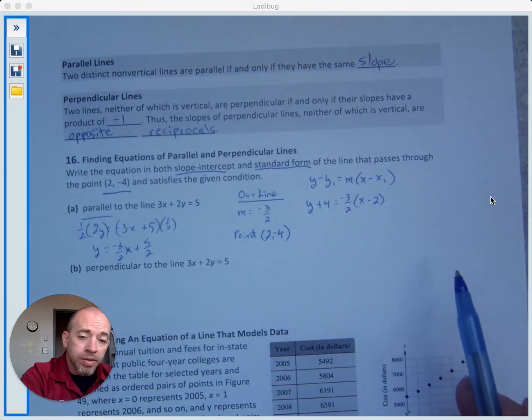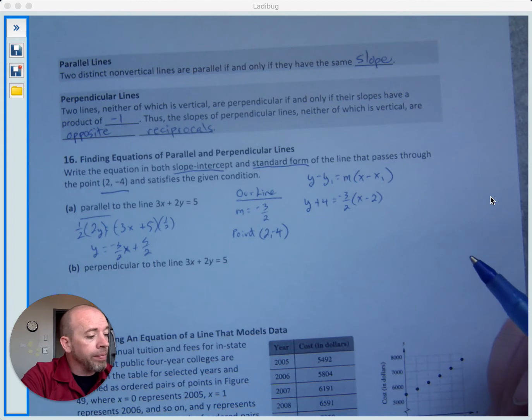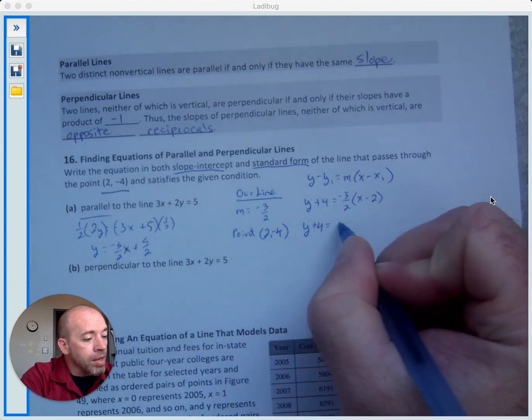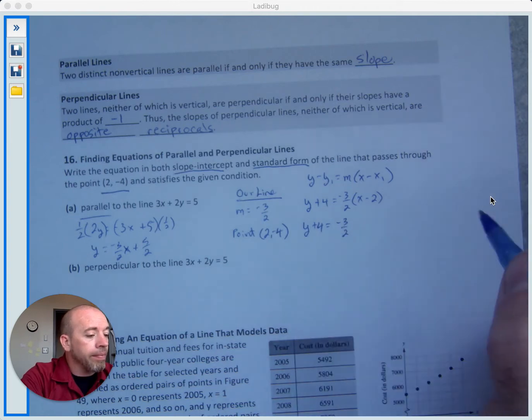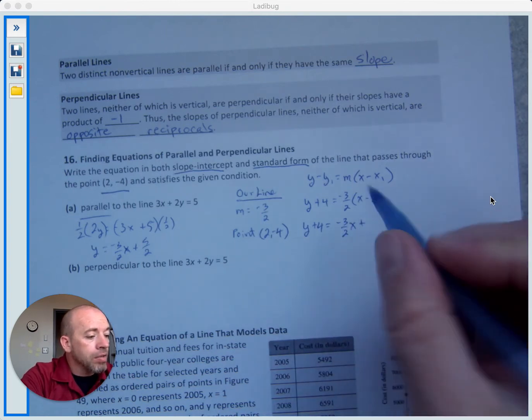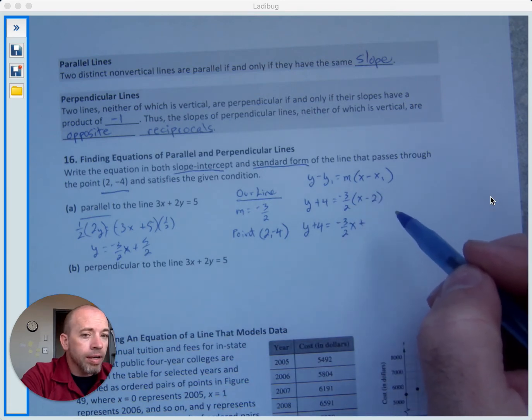Now, to get slope-intercept form, we need to distribute the -3/2 and then subtract 4. So y plus 4 equals -3/2 x plus -3/2 times -2, which would just be 3, right? So plus 3.